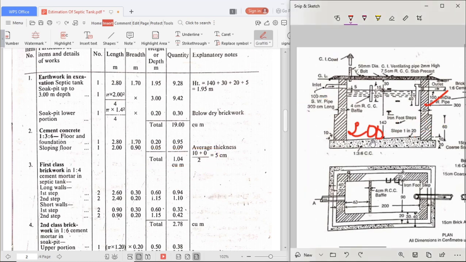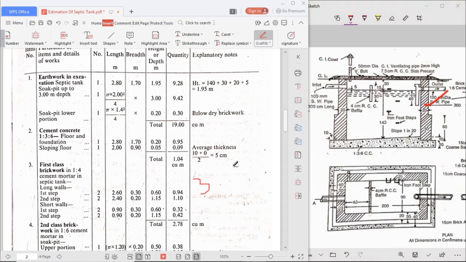As you have the sloping floor, 30 plus 140, how much will we get? 30 plus 140 plus 5 for the height. See here, 30 plus 140 plus 5, minus 60.